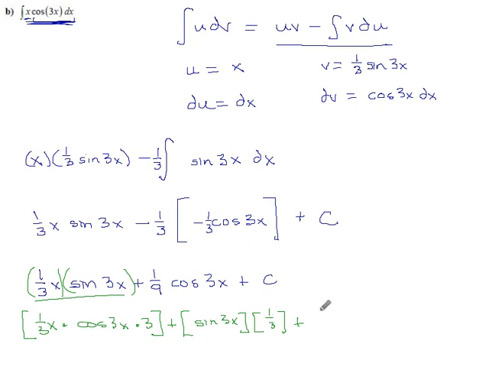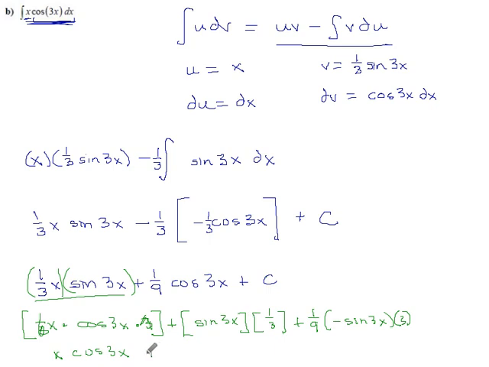plus, now from this next term we get 1/9. The derivative of cosine is negative sine 3x. Then the chain rule goes off and we do the derivative of what was inside this and we get a 3. There's no product rule, so there's only one term there. The derivative of c is 0. So what does that clean up to? Here, the 3 and the 1/3 cancel. So we get x cosine 3x.